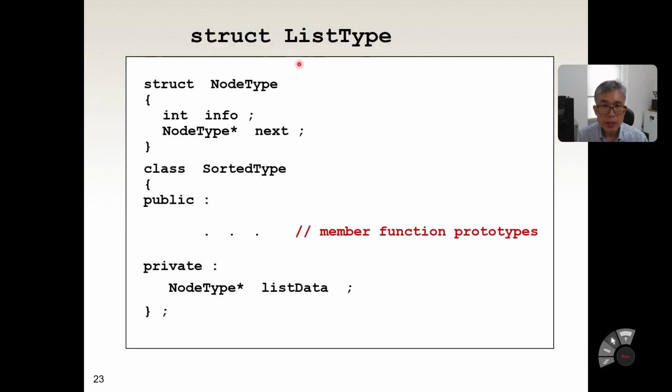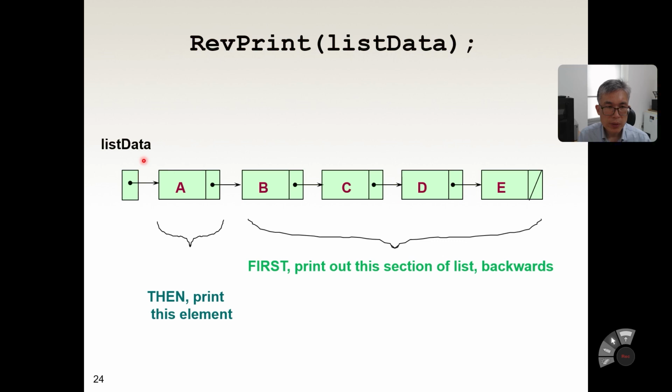So now the list type is a linked list. The node type has node info, which is an integer, and a next pointer, and the sorted list type, where the list data points to the first linked list node. So we have this kind of linked list.